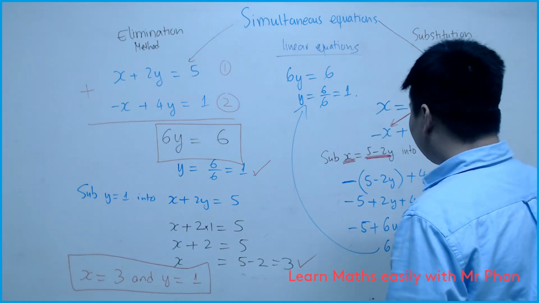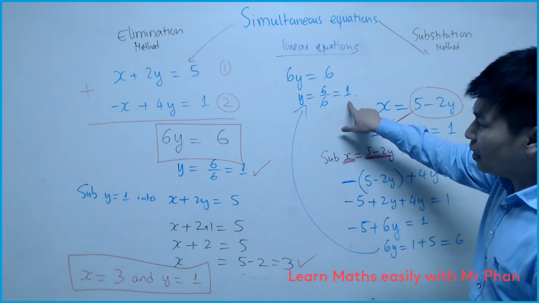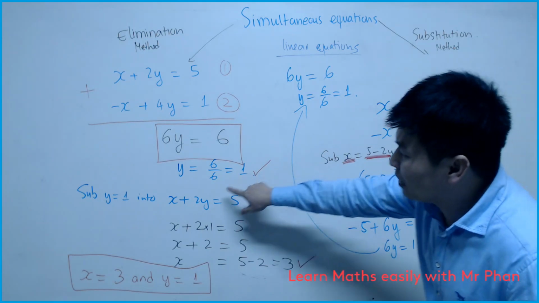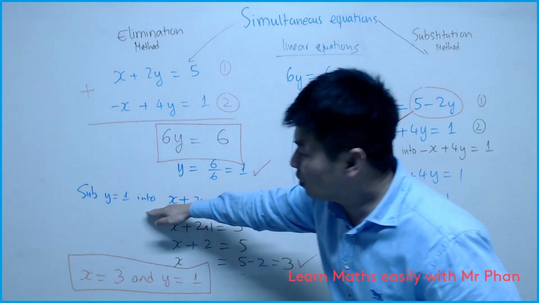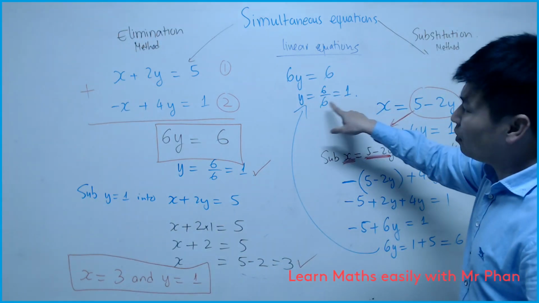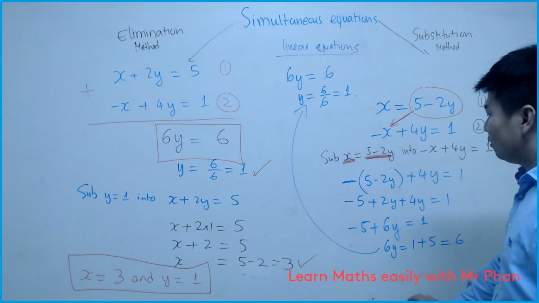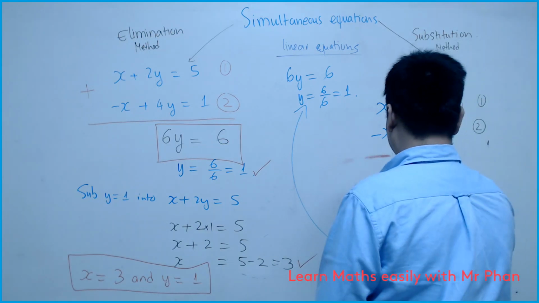After that, you do the same step here. You do step number 2 exactly the same way. So after I find y, I have to sub y equals 1 into equation 1 to find my x.